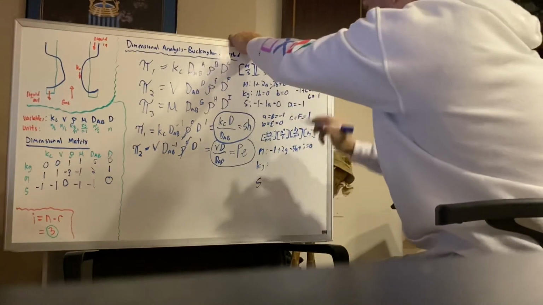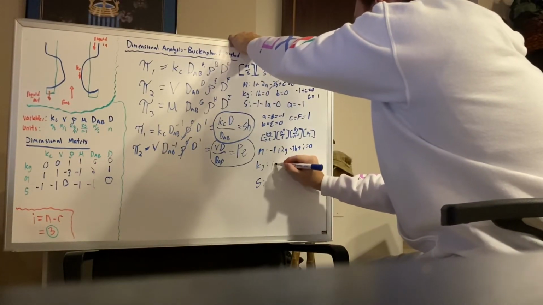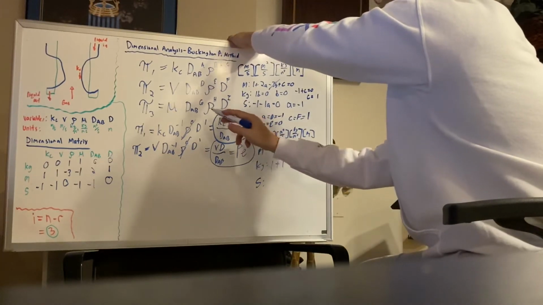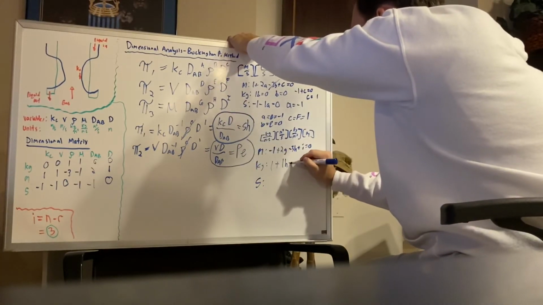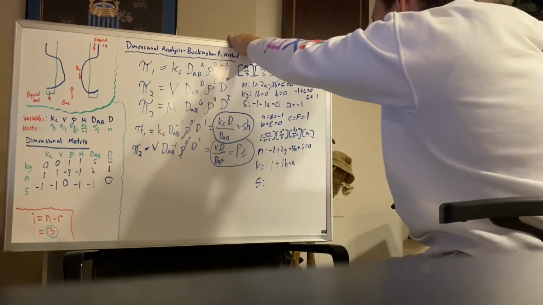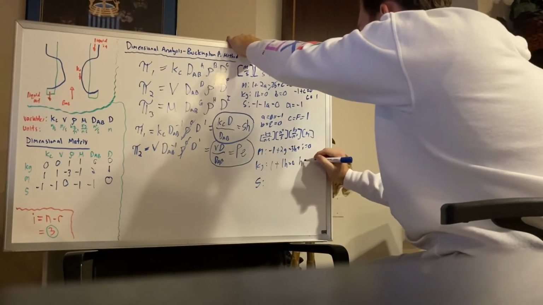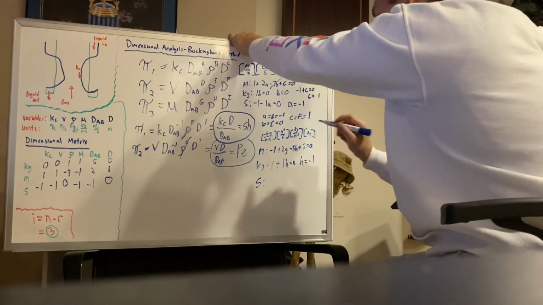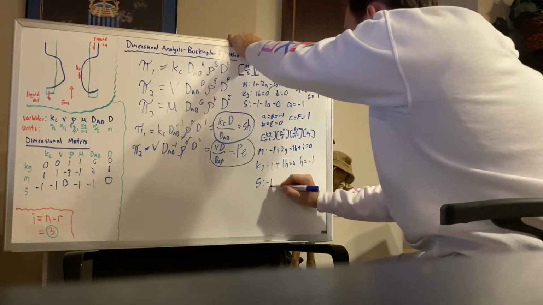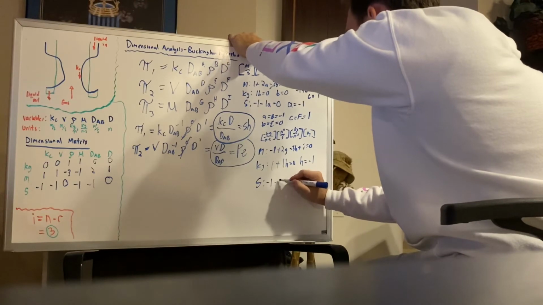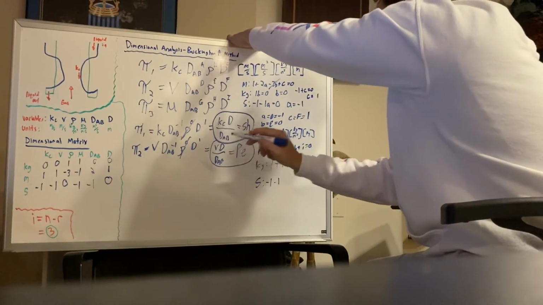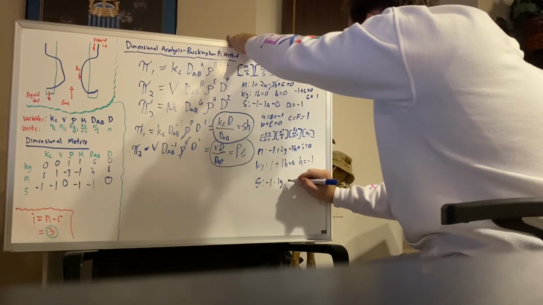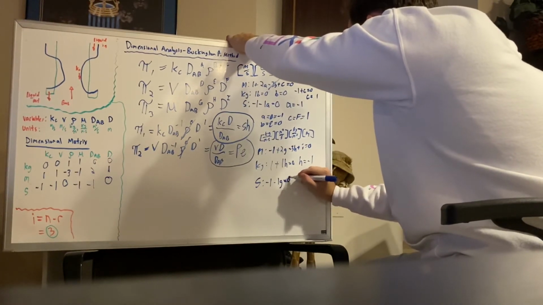Going on to the kilograms, it's 1 plus h is equal to 0. So we actually know that h here is equal to -1. And seconds is the last one, so it's -1 minus 1 g, and that's also equal to 0.